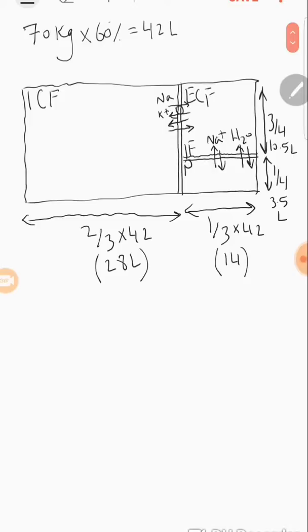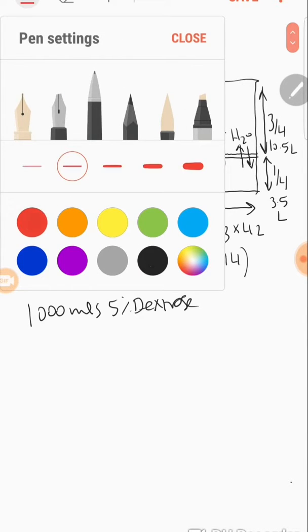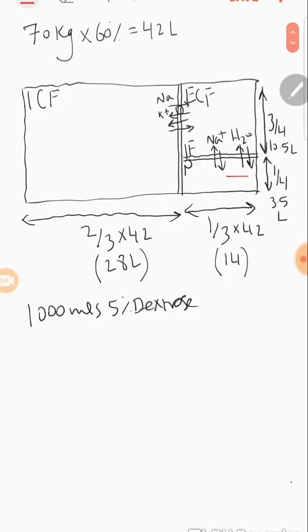Now, let's assume that we're going to infuse a liter, or 1,000 mils, of 5% dextrose intravenously, into the plasma. Essentially that's this compartment that you're going to infuse it into through a Venflon.